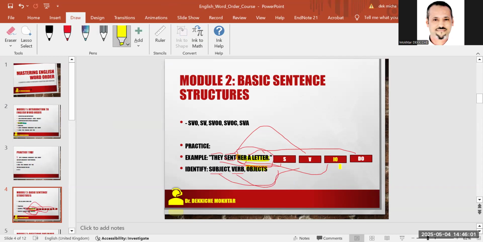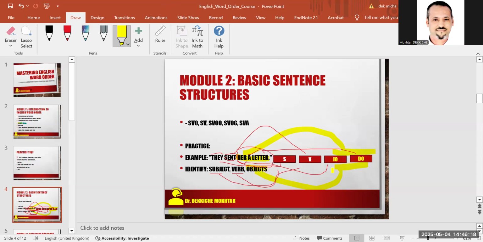They are direct and indirect objects. "Her" is the indirect object and "a letter" is the direct object.